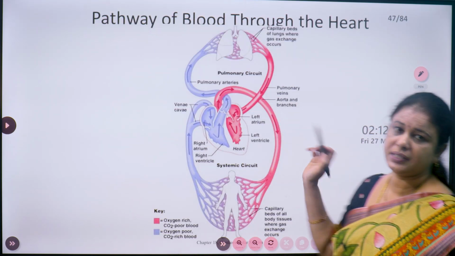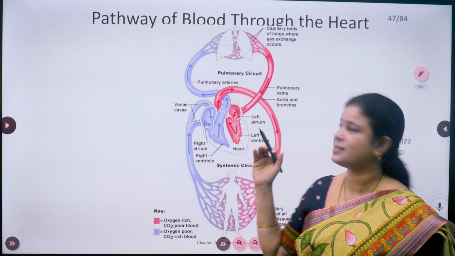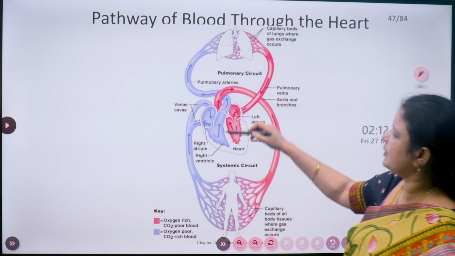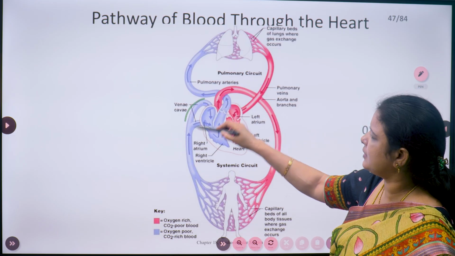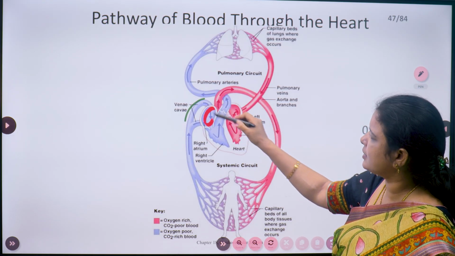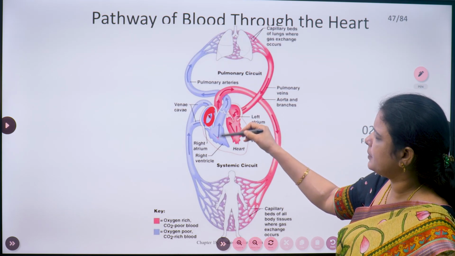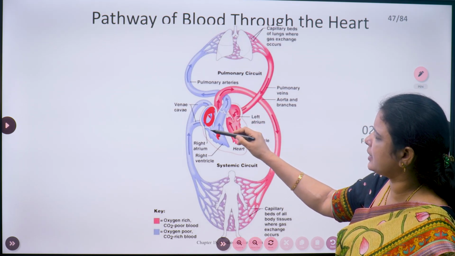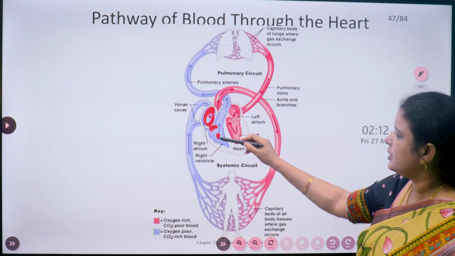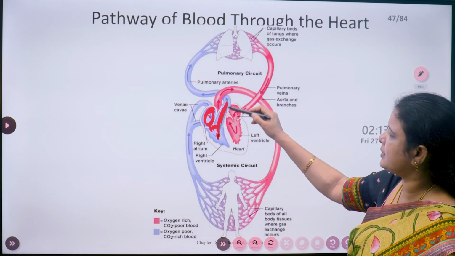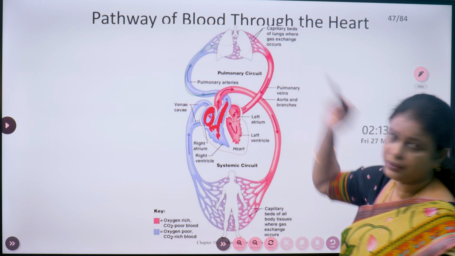So pathway of the blood. How the blood is flowing. From superior and inferior vena cava, all deoxygenated blood enters into right atrium. From right atrium, the blood enters into right ventricle through tricuspid valve. From here, through pulmonary artery, the blood will be pumped into the lungs.